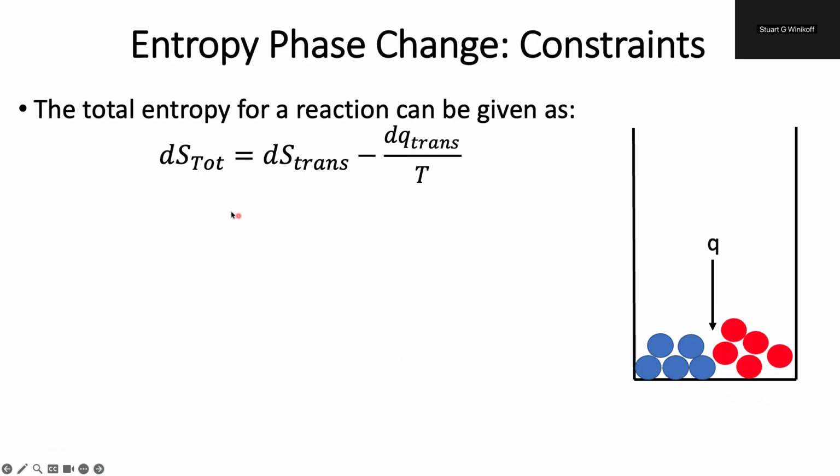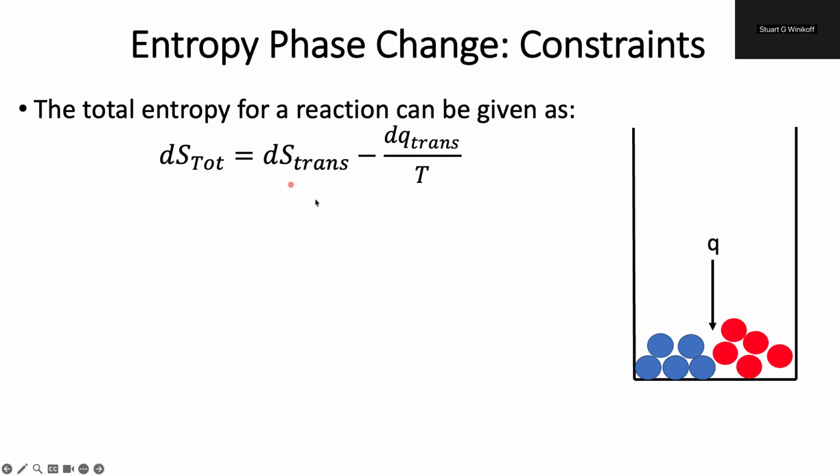Now, this means I can go ahead and insert this into my universal entropy equation. Getting the total entropy is just going to be based on summing together the inherent entropy of that transition, or in this case, fusion, and then subtracting out that heat of fusion. Now, here's the important part: if this is going to be an isothermal process, that means that T isn't changing.